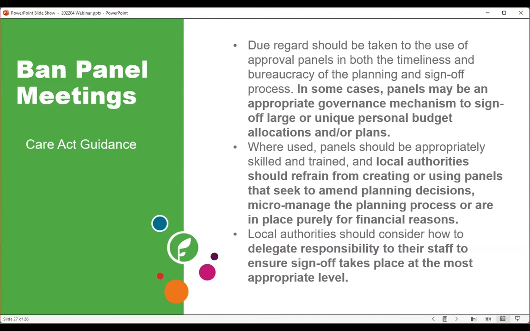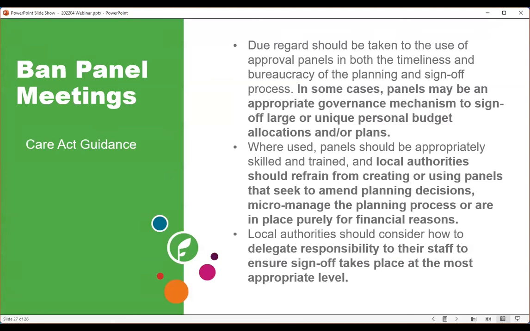But it's reflecting that panels may be an appropriate governance mechanism to sign off large or unique schemes. So you might have panel meetings if you've got large extensions that are funded from a mixture of DFG, discretionary DFG, social care funding, community healthcare funding.